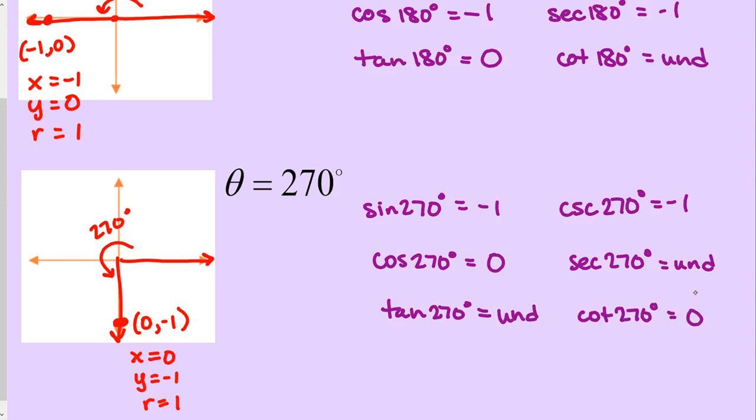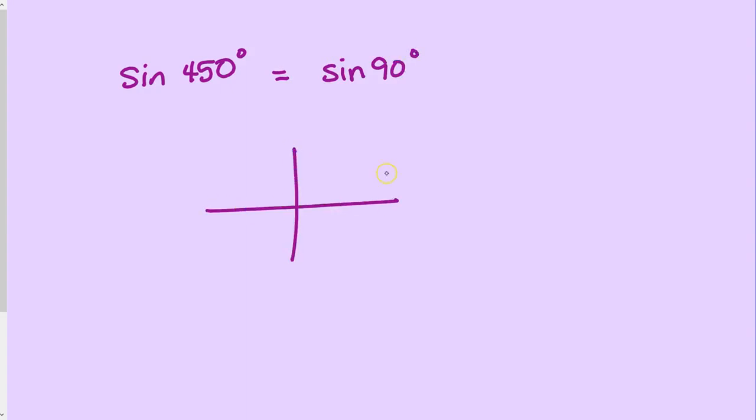Now, if you were asked to find, let's say, the sine of 450 degrees, remember that's going to be coterminal with 90 degrees because they're 360 degrees apart. So if you were trying to go 450 degrees, you would start by going all the way around the circle 360 and then another 90. So if you ever have to find the sine of 450, you just find the sine of 90 instead.